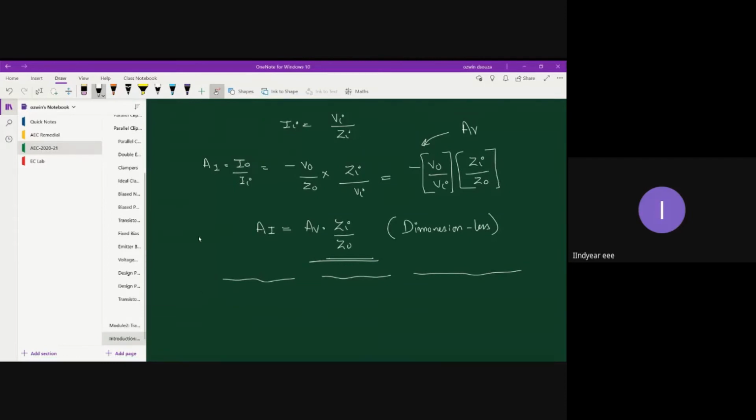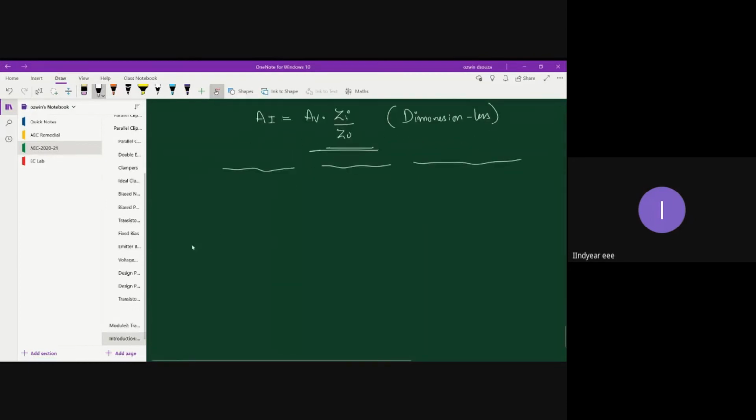Take down the question. For the network shown below, determine the following. RE, Zi with ro equal to infinity ohms. Third one, Zo with ro equal to infinity ohms.